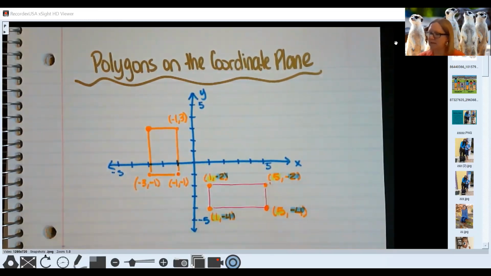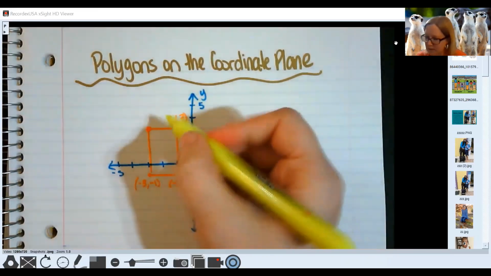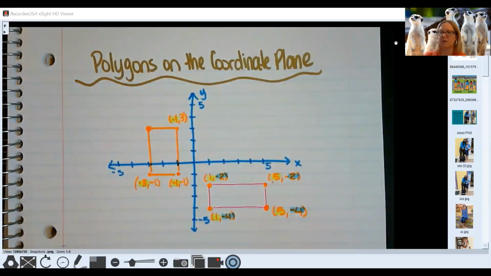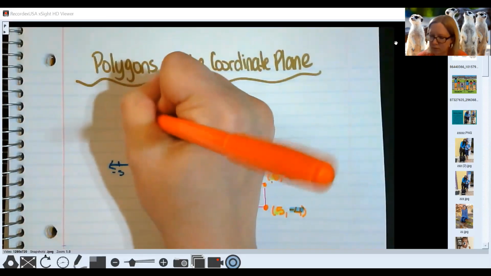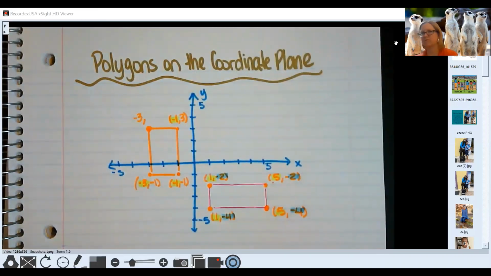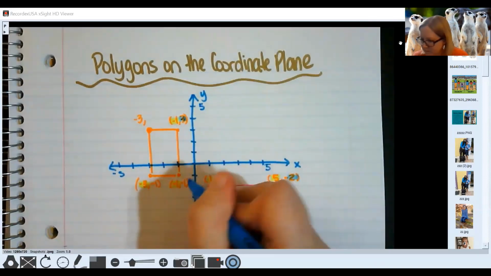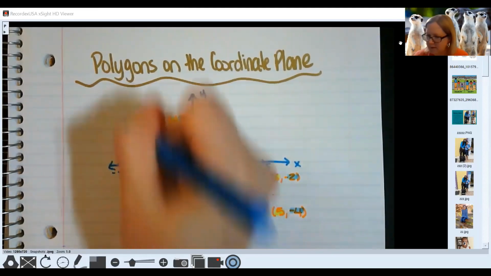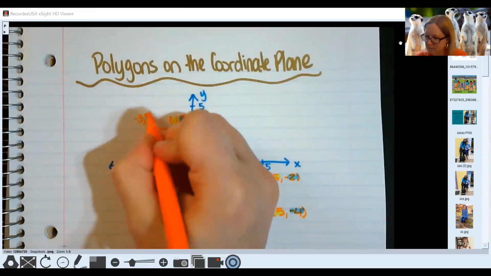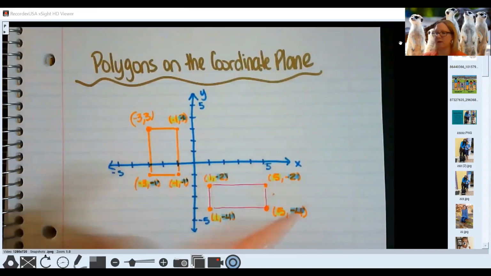So on my x coordinates, I have a -1, another -1, and -3. So the next one also will have to start with -3 as the x coordinate. And then for my y coordinates, I have 3, -1, -1, and so that means I need another 3. And that gives me our 2 pairs of x's and 2 pairs of y's.